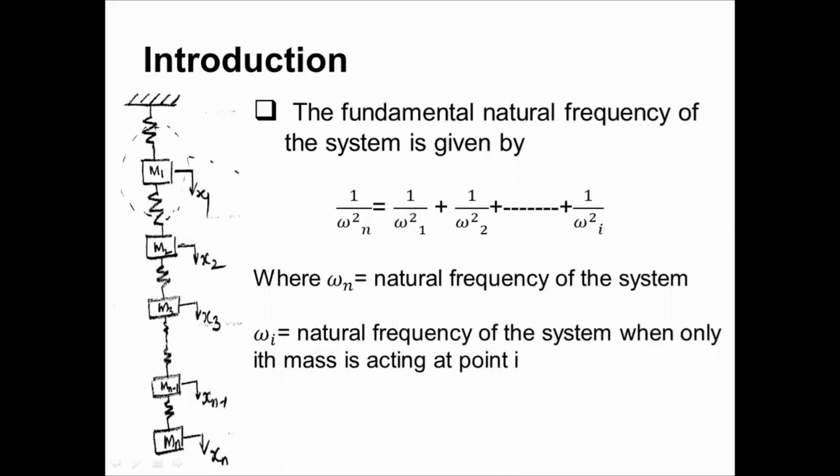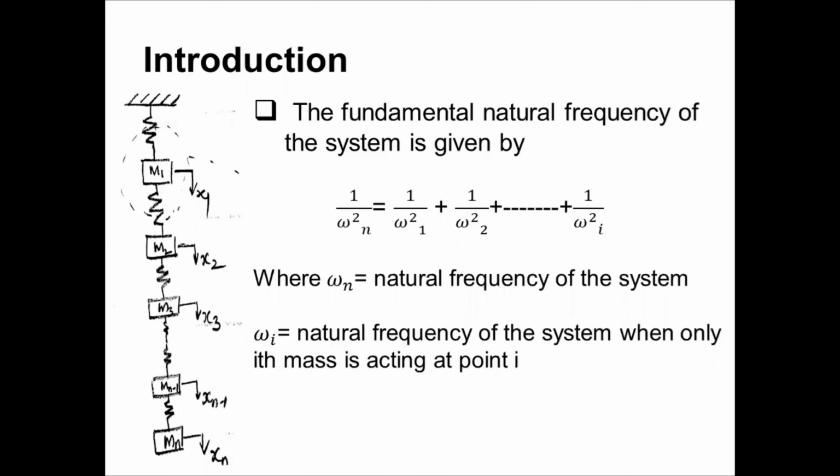It means you have to consider only one mass acting at a time, and in that case you calculate the frequency, which would be called omega i. Suppose there are two masses acting in a system, so omega 1 would be the natural frequency when only the mass at point 1 is acting, assuming that there is no second mass.